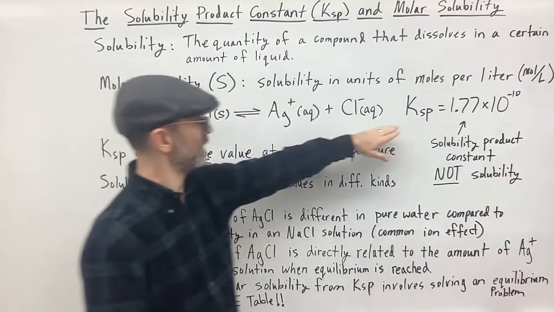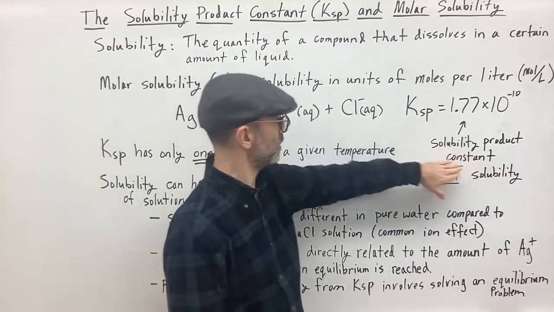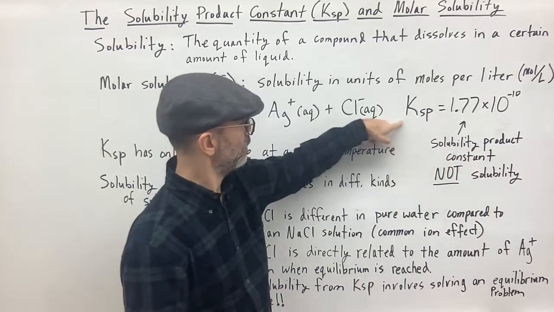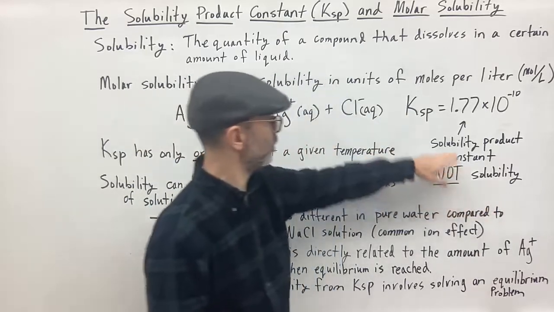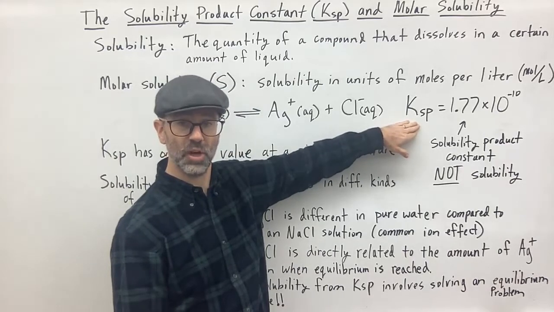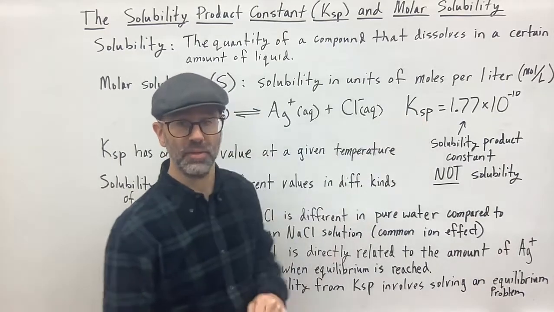And here we have the KSP, which is your solubility product constant. That's what the SP is: solubility product. K is your constant. This is not the solubility, right? Don't confuse this with solubility. This is just the solubility product constant, okay?